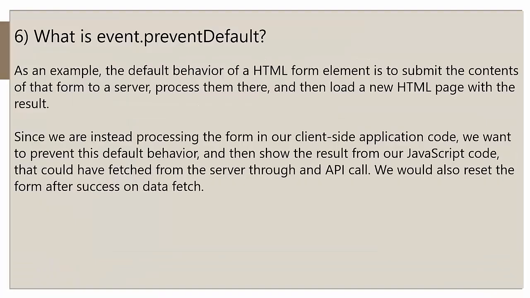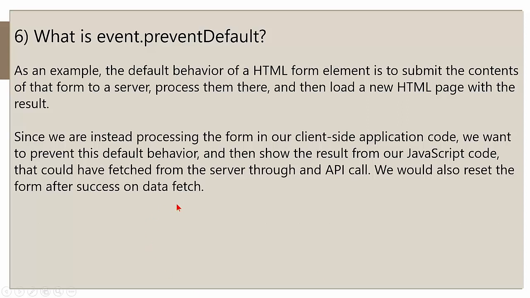What is event prevent default? As an example, the default behavior of an HTML form element is to submit the contents of that form to a server, process them there, and then load a new HTML page with the result. If you had written a Laravel server-side script or a Django server-side script without any front-end technologies, then you would have observed such behavior, which is called the default behavior of the HTML form.